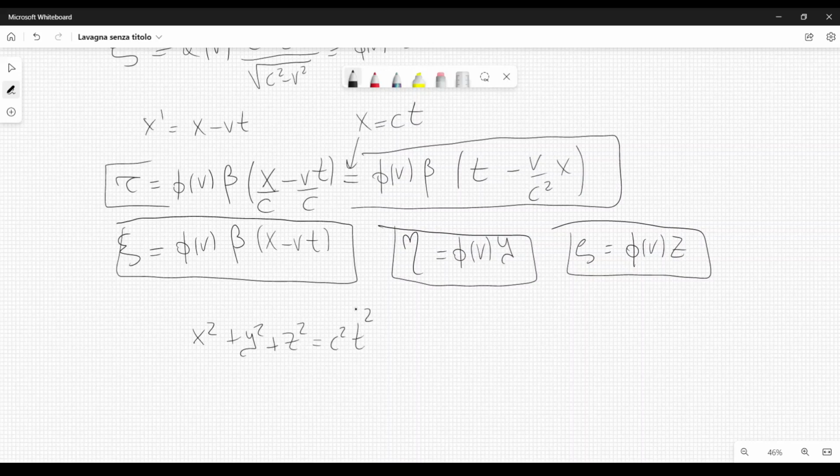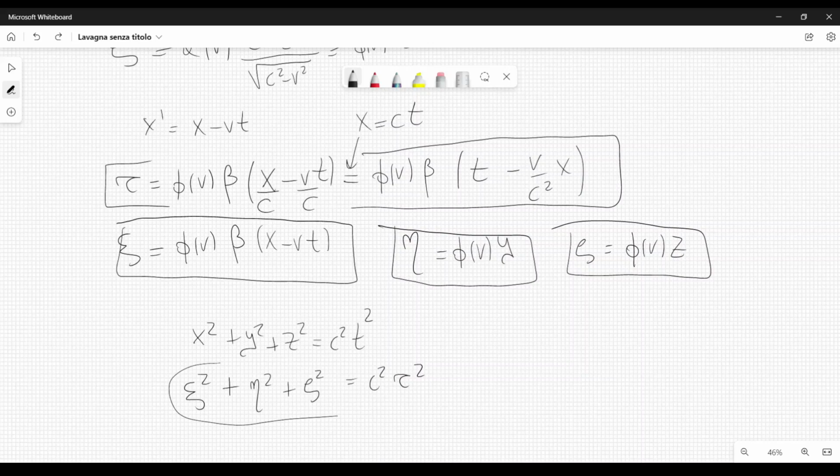It is easy to show that in the moving frame, the wave has the equation xi squared plus eta squared plus zeta squared equal to c squared tau squared. So in this case, it is also propagating with the speed of light c, also in the moving frame. And it is very easy to do, it's just algebra.